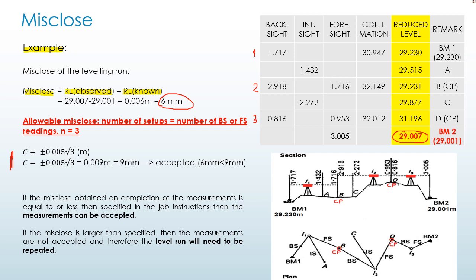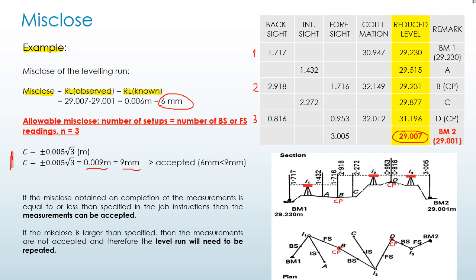So you have 3 setups, so the maximum error you may have is 0.005 times the square root of 3, in meters. You convert to millimeters, and you get a maximum of 9 mm for the error.